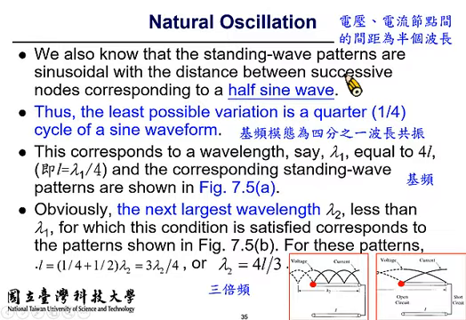So the length will be lambda over 4, a quarter of the wavelength of the specific frequency. And the next resonance that can appear on this transmission line with this specific boundary condition is the third mode, which is 3 times the fundamental frequency.